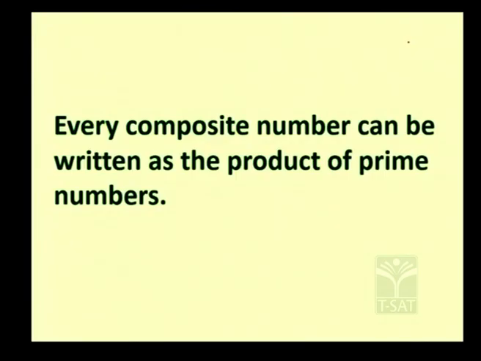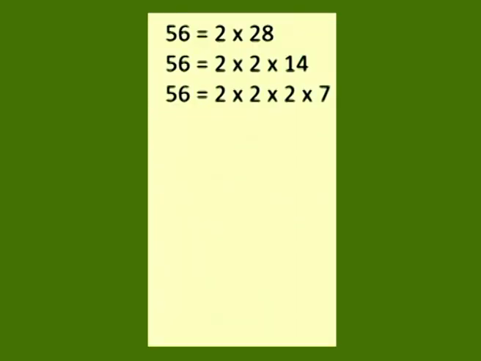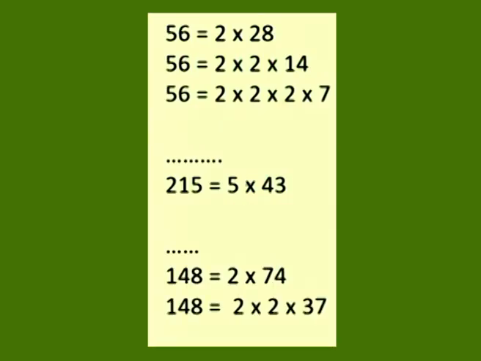Every composite number can be written as the product of prime numbers. See here, try to understand: 56 is written as 2 into 2 into 2 into 7. This is the prime factorization of 56. And 215 is 43 into 5; 43 is a prime number and 5 is a prime number. Here 148 is written as a product of prime numbers, 2 into 2 into 37.